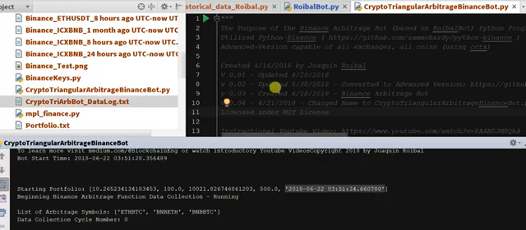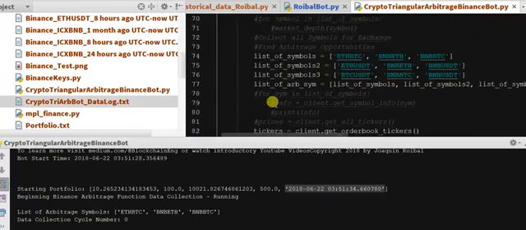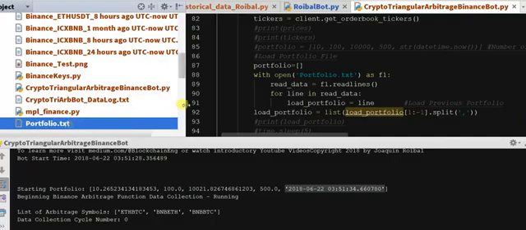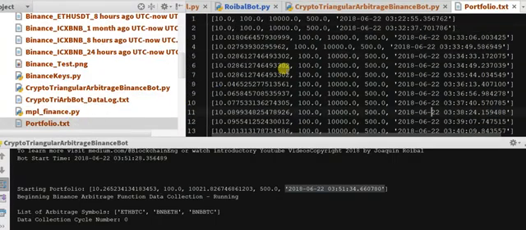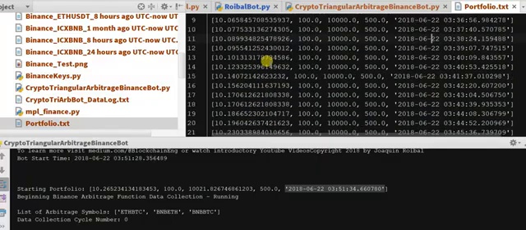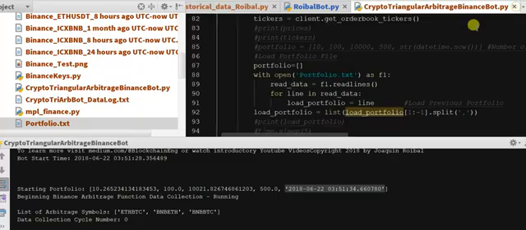The code is going to load from a portfolio text file that has our trades and where we started, and as it grows through using our triangular arbitrage bot, we'll be able to track that.